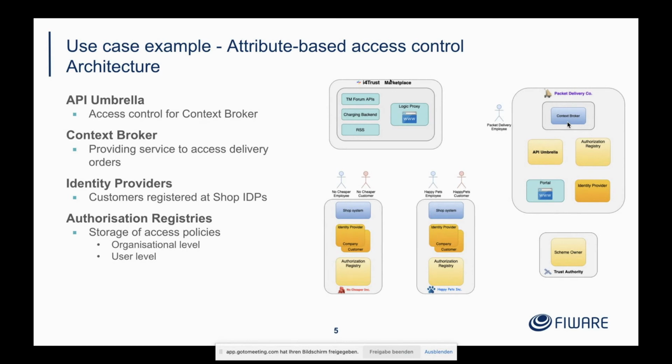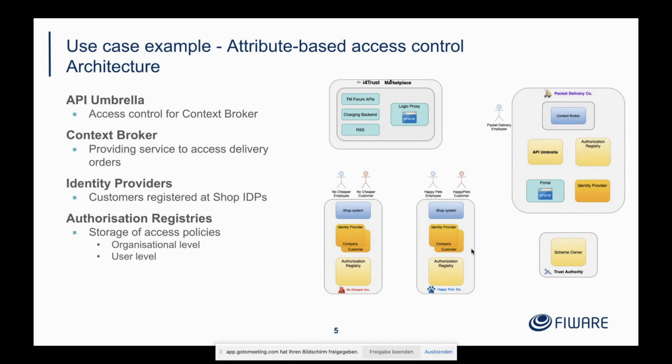So delivery orders in our use case example are just entities of type delivery order, with certain attributes, stored at the context broker. And in front, this API umbrella, which is protecting the access to this context broker and allowing to access the service externally.